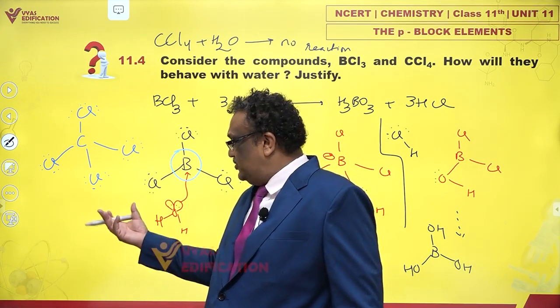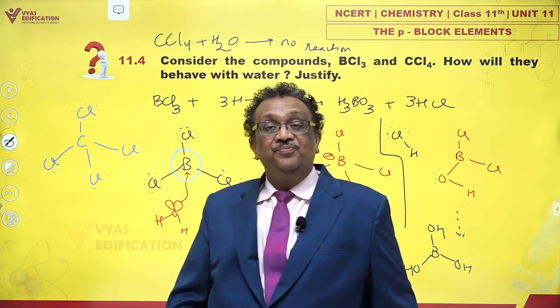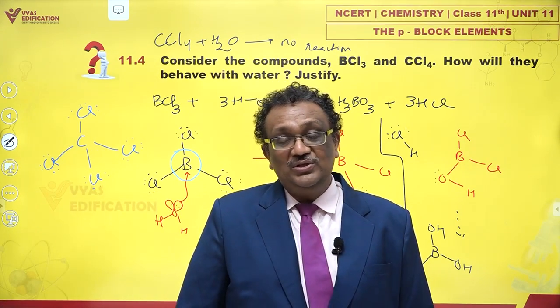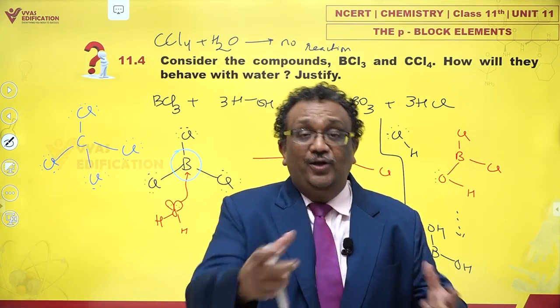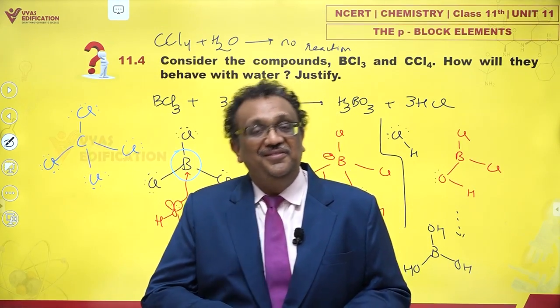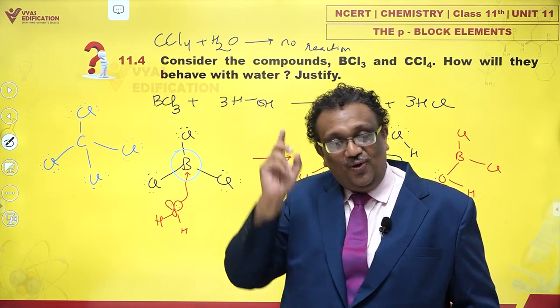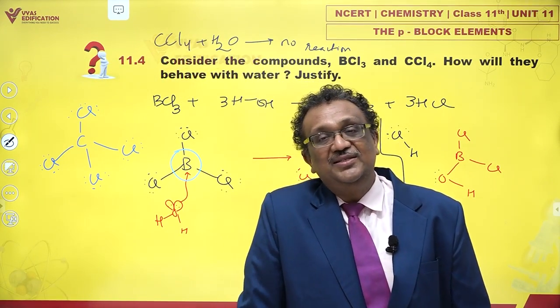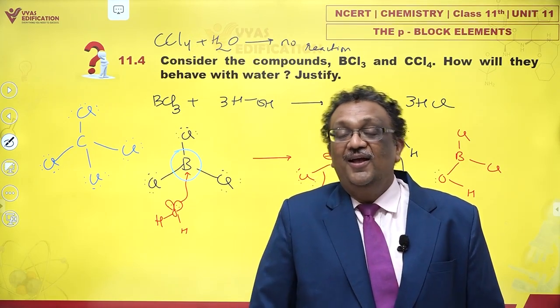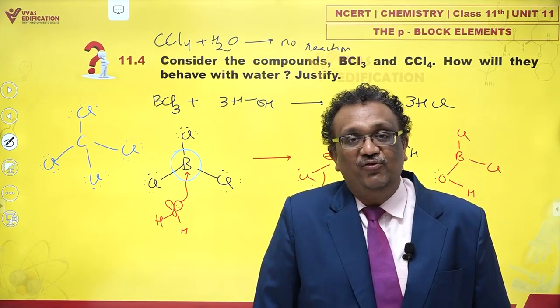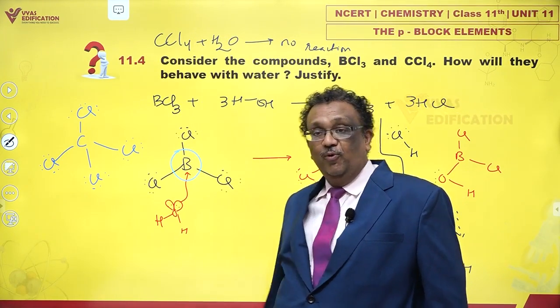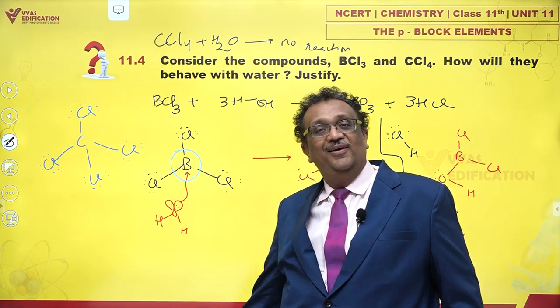Since there is no place for lone pairs to be accepted, CCl4 cannot function as a Lewis acid. Yes, it cannot begin to react with water. And that's why, my dears, it doesn't react with water. So this is also a very beautiful reason why CCl4 is inert towards water, while BCl3 reacts very vigorously with water because of incomplete octet of boron and complete octet of carbon.